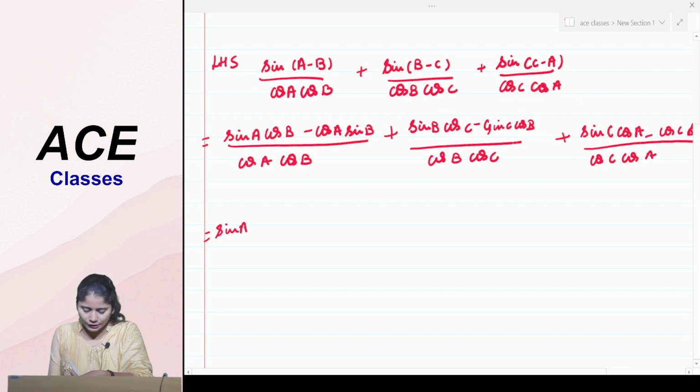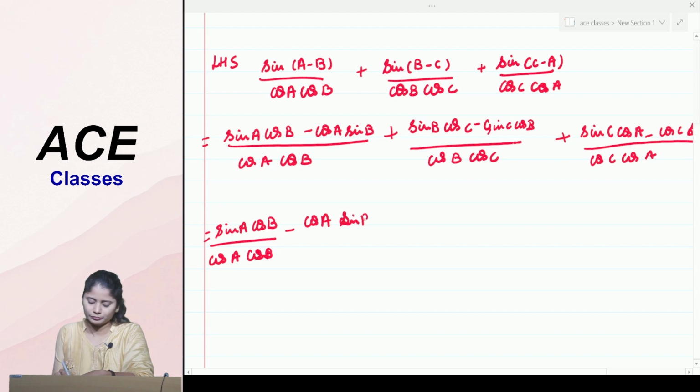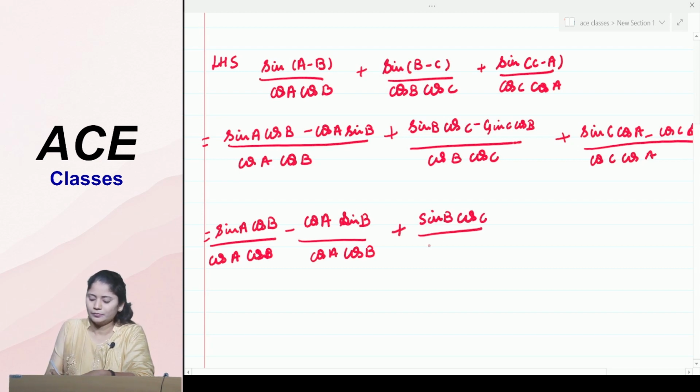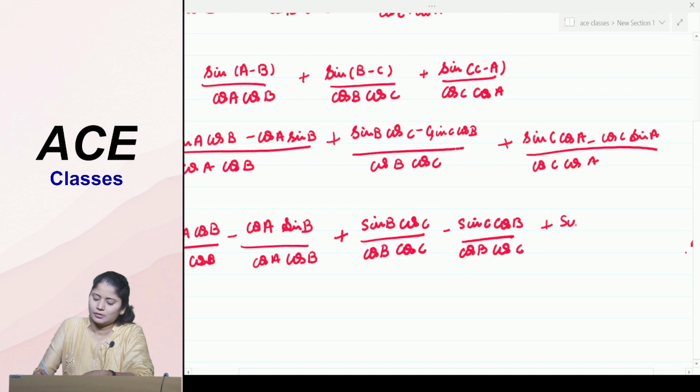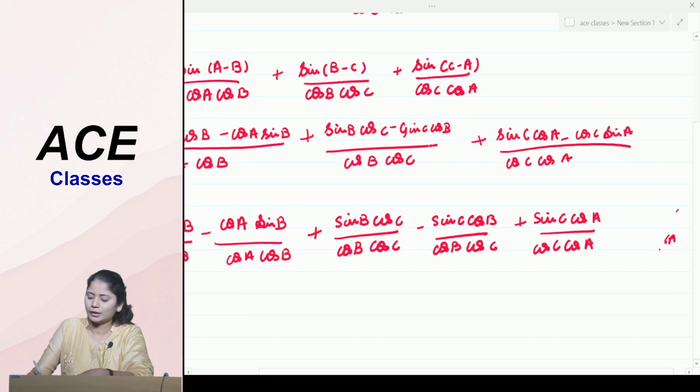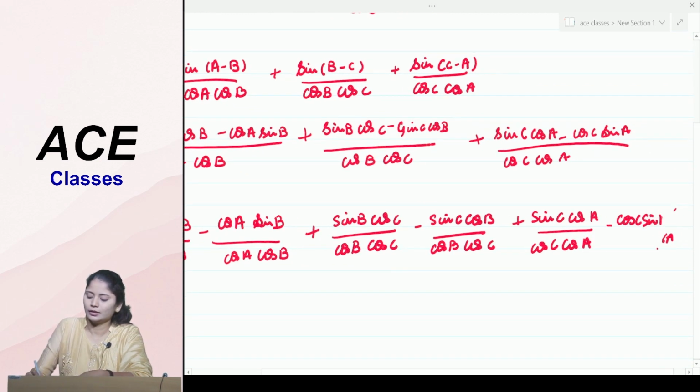That is sin A cos B by cos A cos B minus cos A sin B by cos A cos B, plus sin B cos C by cos B cos C minus sin C cos B by cos B cos C, plus sin C cos A by cos C cos A minus cos C sin A by cos C cos A.